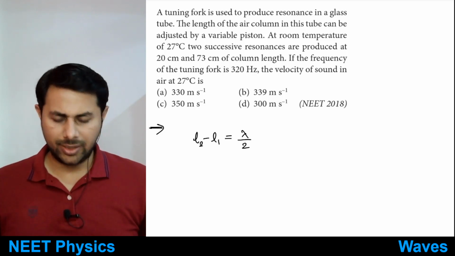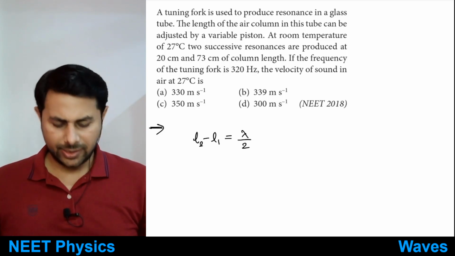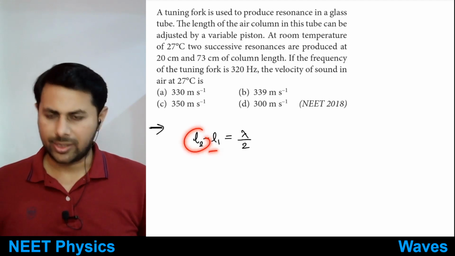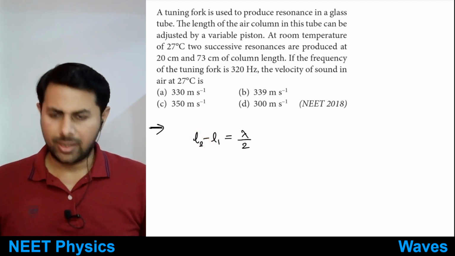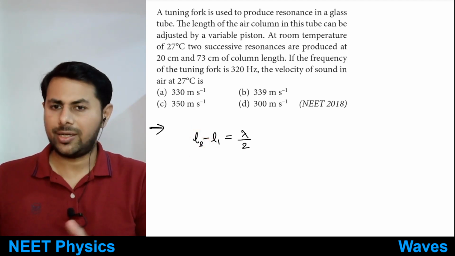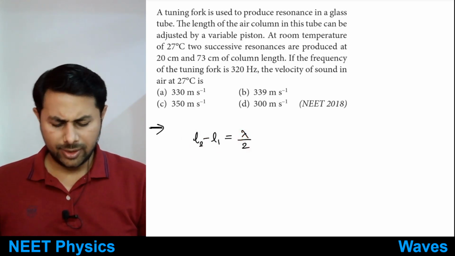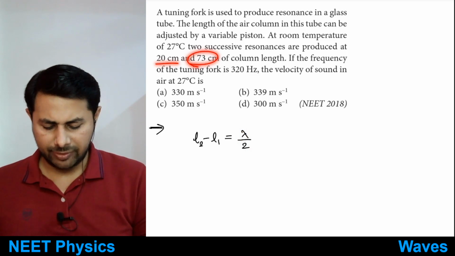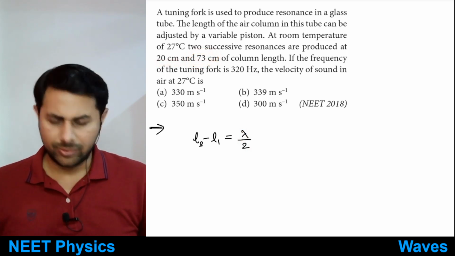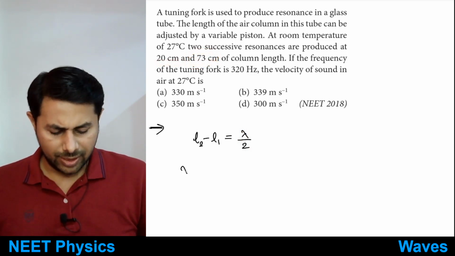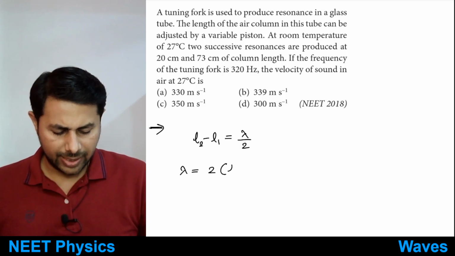It is lambda by 2, right? For two successive resonances, if lengths are L1 and L2, what's the difference in length? It's equal to lambda by 2. So one is 20, another one is 73. So lambda by 2 would be L2 minus L1. So lambda is just equal to what? 2 times of L2 minus L1. Just find it out.